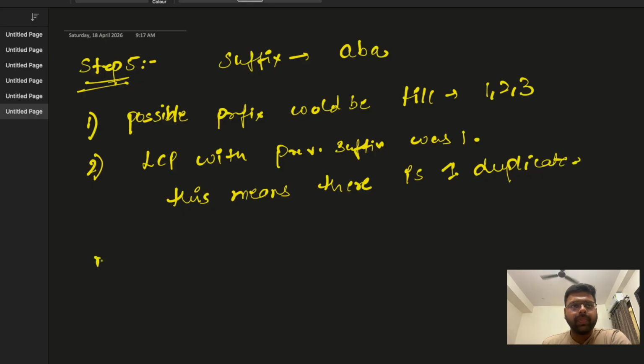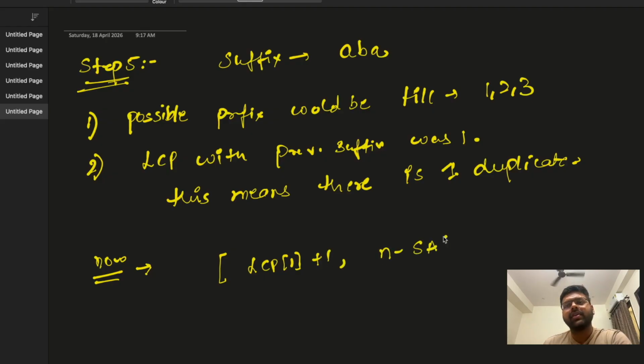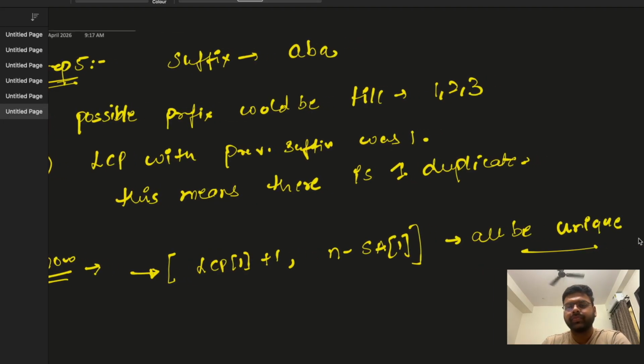Now can I say that in the range of LCP of i plus 1 till n minus SA of i, all of the lengths between this range would all be unique? Can I say that? They would all be unique.